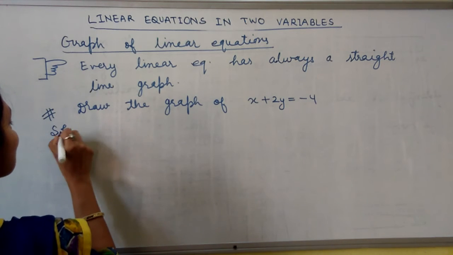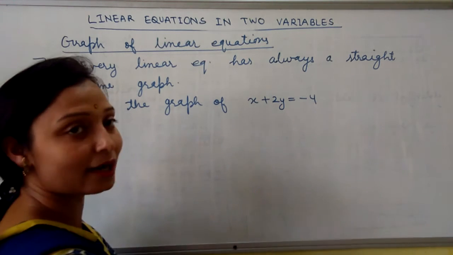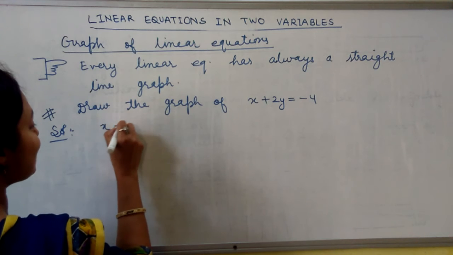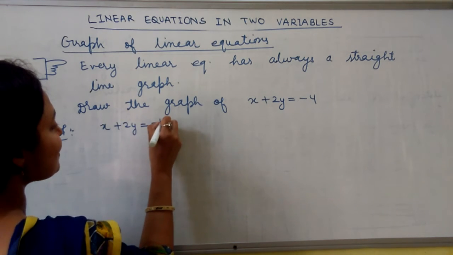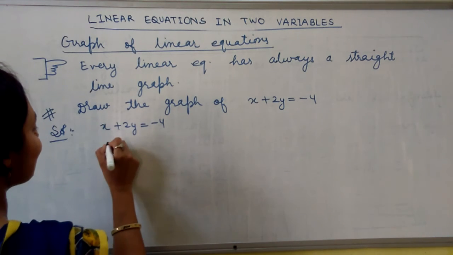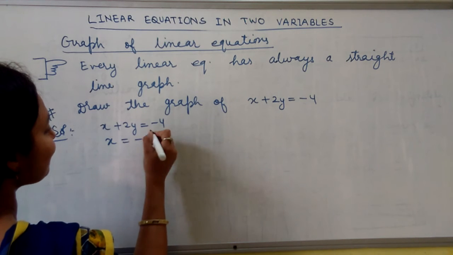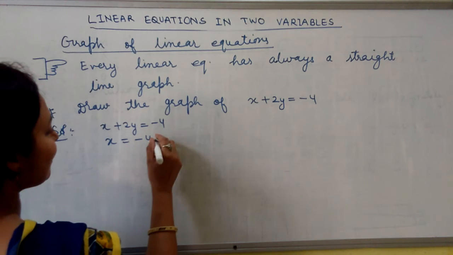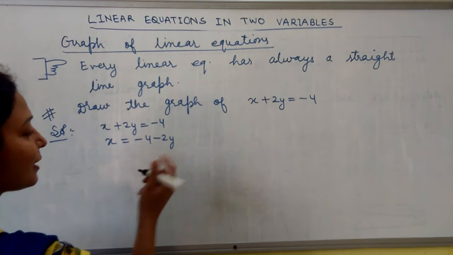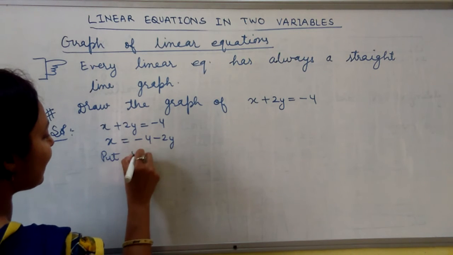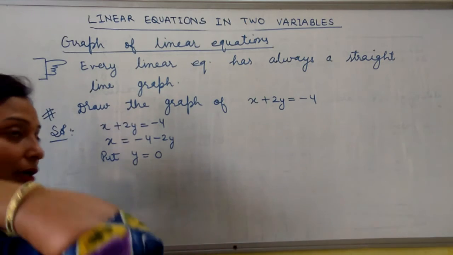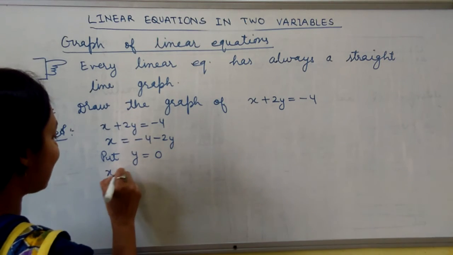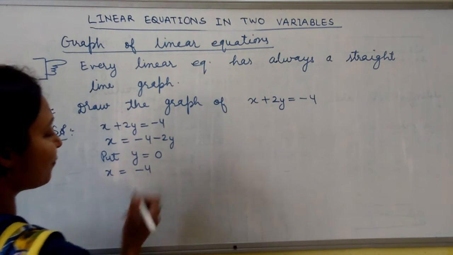First of all, take two solutions to make the graph. x plus 2y is equal to minus 4, that means x is equal to minus 4 minus 2y. Put y is equal to 0. When you put y is equal to 0, x is equal to minus 4 only.